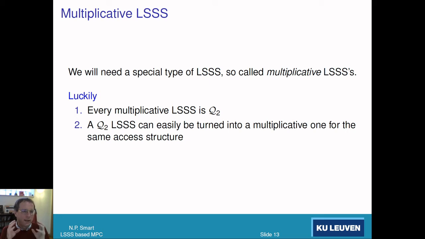So basically, if you were given a linear secret sharing scheme which represented a Q2 access structure, then you can turn it into a multiplicative one representing the same Q2 access structure with just a small blow up of the linear secret sharing scheme. So it turns out that for small values of n and t, most Q2 linear secret sharing schemes you write down end up being multiplicative to start with, but if it's not multiplicative, you can extend it.